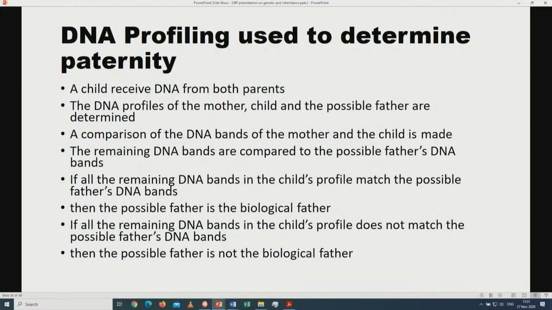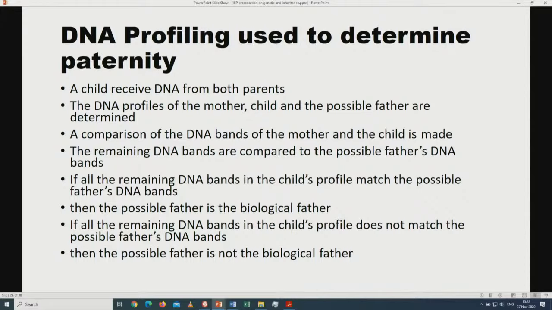And we can also use DNA profiling to determine the paternity of a child. And we do this by saying that a child receives DNA from both parents. The DNA profiles of the mother, the child, and the possible father are determined. A comparison of DNA bands of the mother and the child is made.